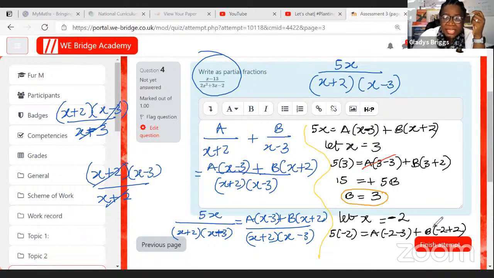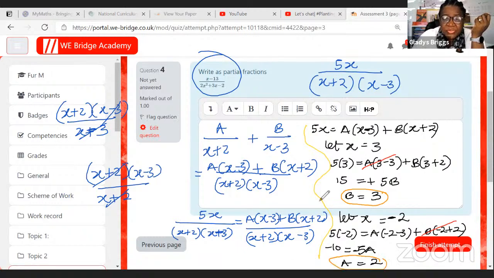This whole side here will cancel out because negative 2 plus 2 will become 0. So then you'd have negative 10 is equal to negative 5A, and then A would be equal to 2. So you got your A and you got your B.